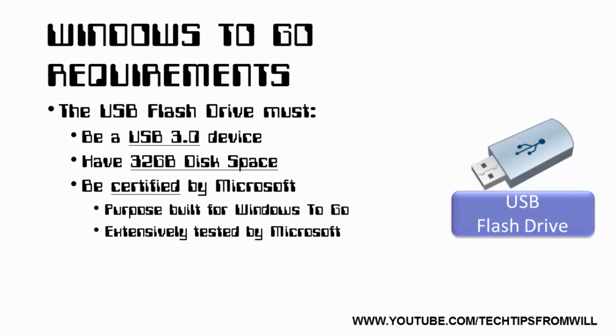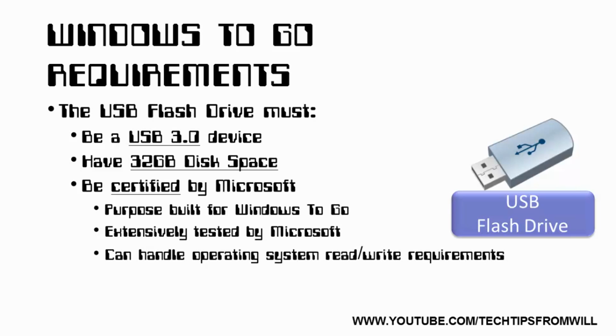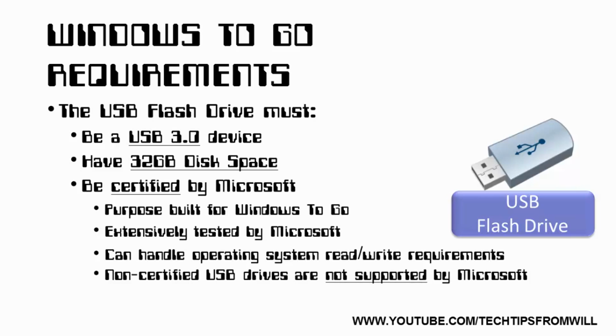Furthermore, these certified devices have proven that they are able to handle the high read and write requests that are required by an operating system. In the description of this video, I will provide a link to this page. Microsoft strongly recommends that you use a certified USB device. In fact, using a non-certified USB device is not supported by Microsoft.